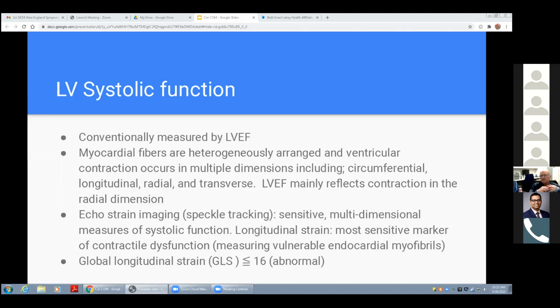So echo strain imaging using speckle tracking can measure regional LV function in all of those planes. Global longitudinal strain, or GLS, tracks function in the most vulnerable endocardial myofibrils, and it's the most sensitive marker of contractile dysfunction. Global strain is usually measured using absolute numbers, with lower numbers denoting weaker contraction and higher numbers stronger contractions.